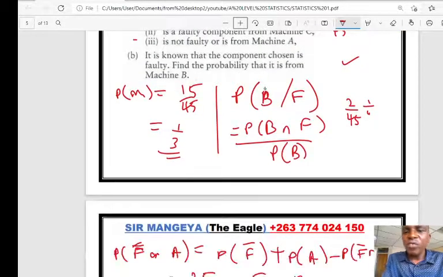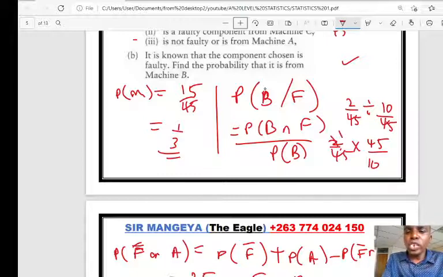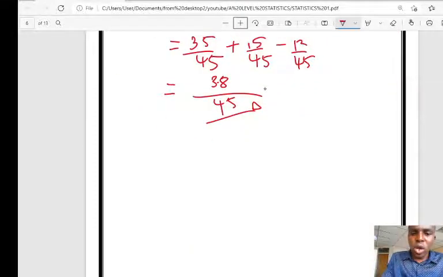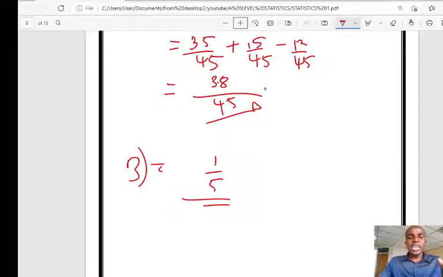So it's 10 over 45. Simplifying this one, 2 over 45 times 45 over 10. Then the 45s cancel, and 2 over 10 will be 1 over 5. So it's 1 over 5. That's part B. Then we can say second question done.